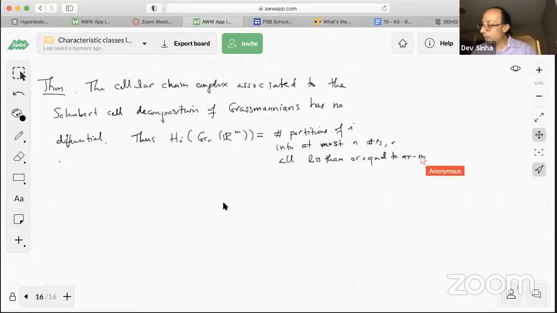So these are standard kinds of combinatorial gadgets, and that's describing the homology.